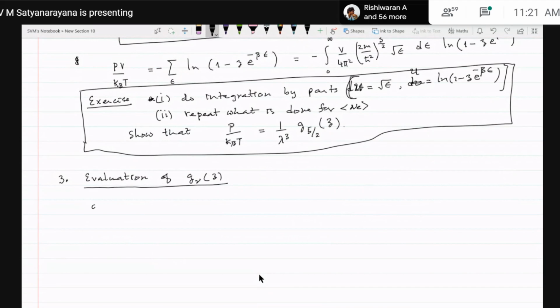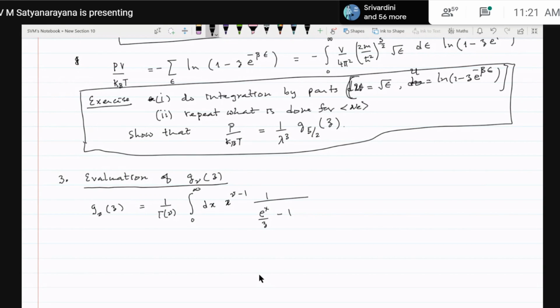We have g mu of z equal to 1 over gamma of mu into integral 0 to infinity dx x to the power mu minus 1 into e to the power x divided by z minus 1, inverse.